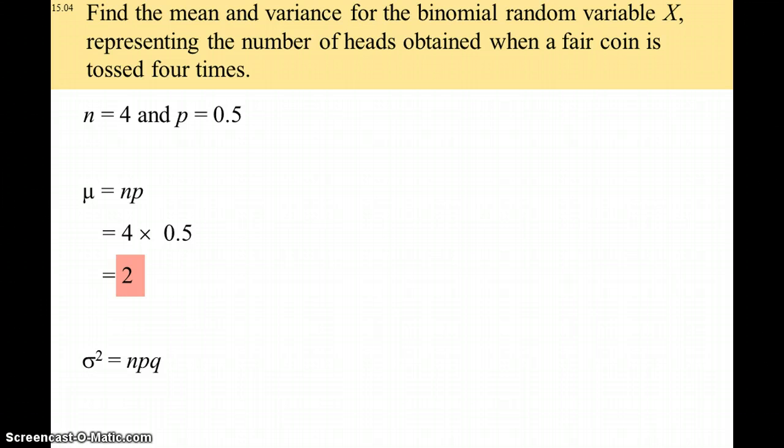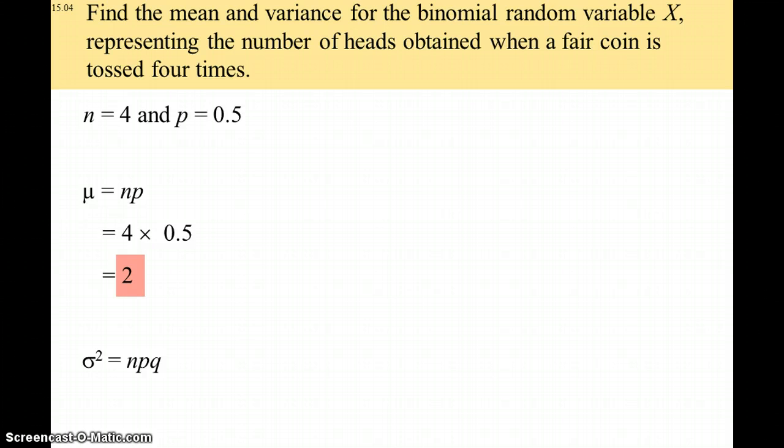NPQ, and if you've used the textbook on page 150, Q is equal to 1 minus P. So you might just want to make a note of this. These were the two formulas we learned on Thursday. The mean is N times probability. This is a general formula, and the standard deviation is the square root of NPQ.